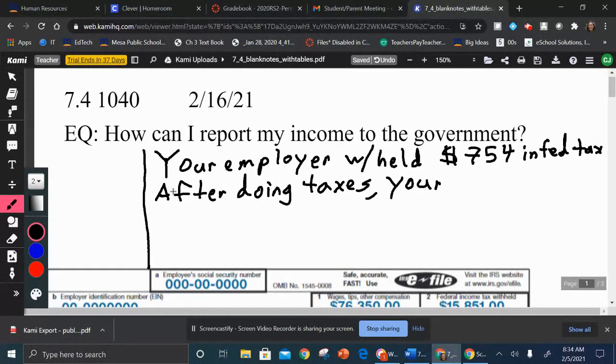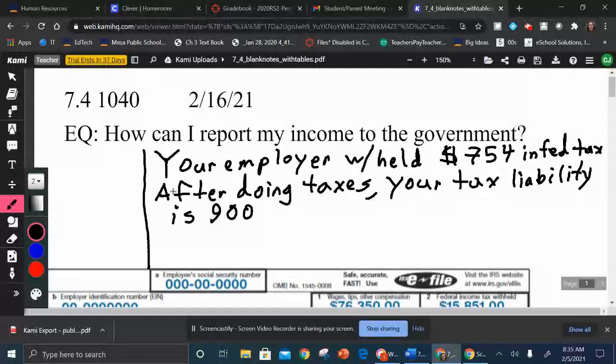Okay, so your tax liability is $900. Okay. So that means, remember everybody, we do taxes paid during the year minus the taxes that you owe.